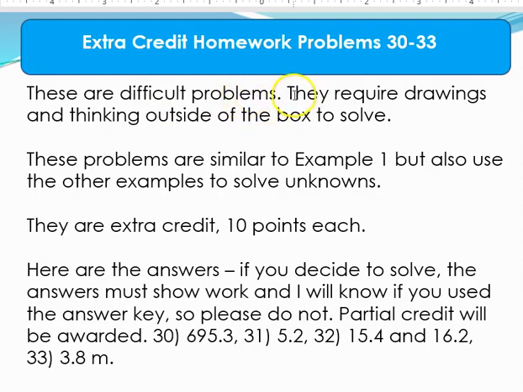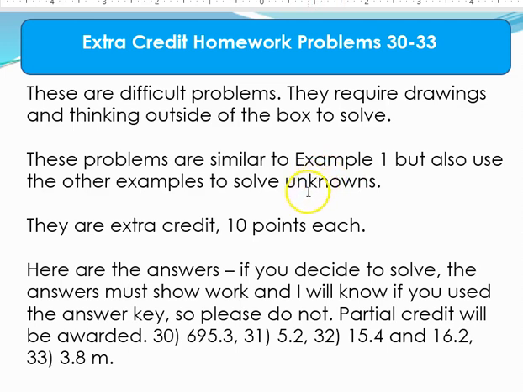Now, problems 30 and 33 are extra credit. They're very difficult problems. They will require that you make drawings and think a little bit outside of the box to solve. They're basically similar to example 1, but you'll also need to use some of the other examples to solve the unknowns to fit into example 1.